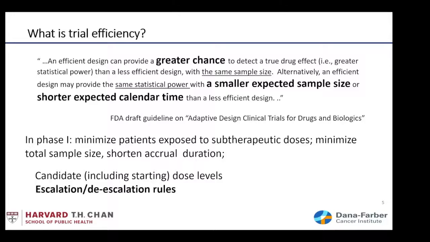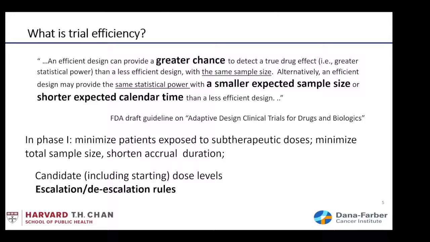Put this definition back into phase 1 trials. In a phase 1 trial, we want to minimize patients exposed to subtherapeutic dose levels, so that we can minimize the total sample size and shorten accrual duration. The sample size is determined by 2 factors.